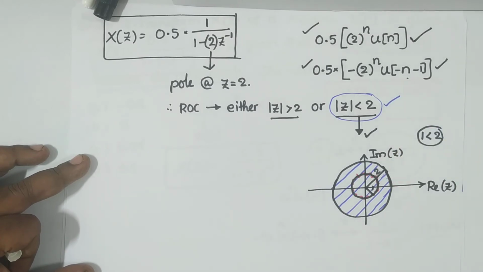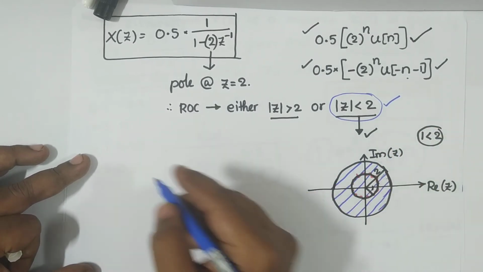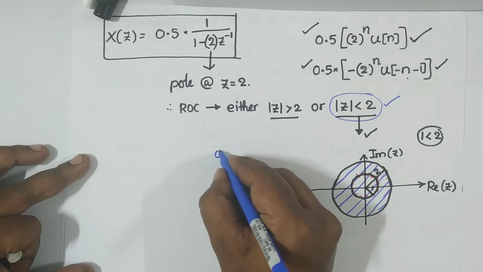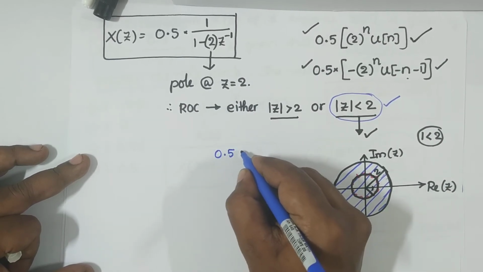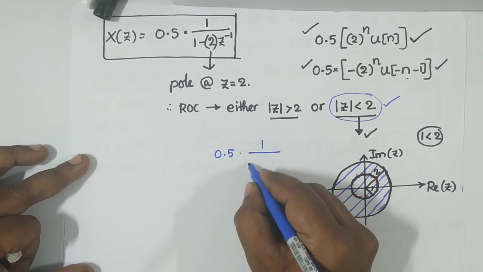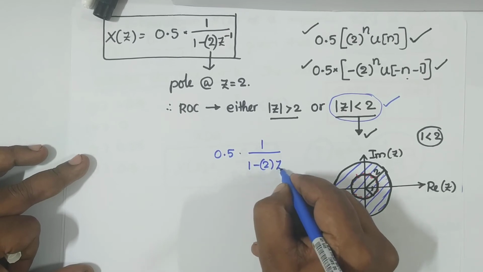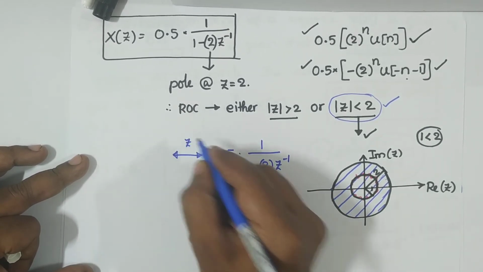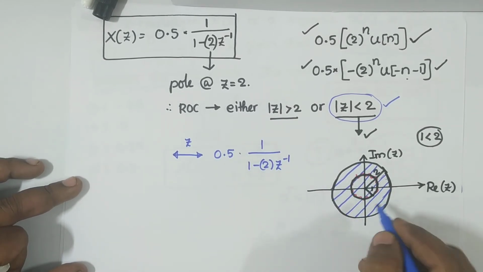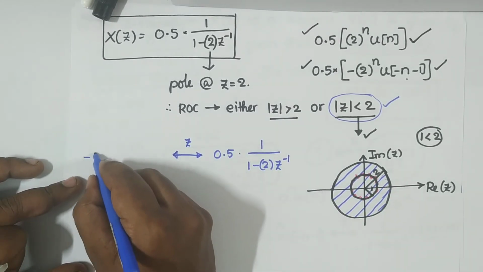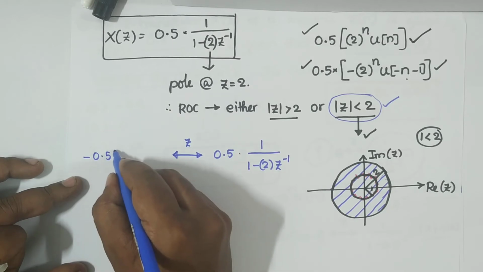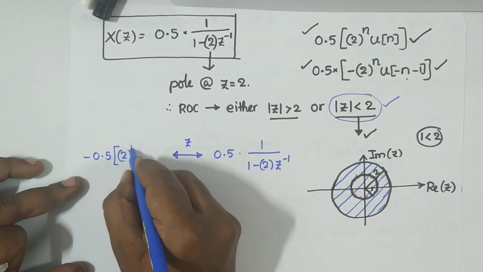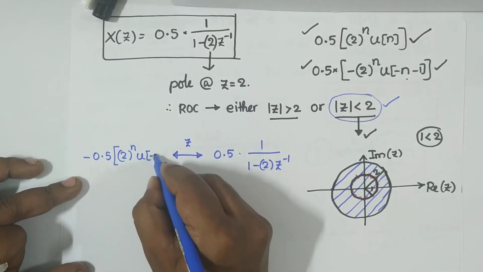Now if that is true, you have this question, 1/(1 - 2z^-1). If I take its inverse, there is no second thought, you have this one: -(1/2) 2^n u[-n-1].